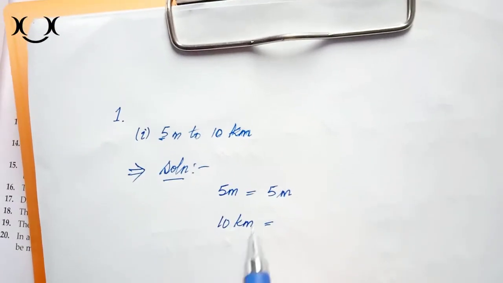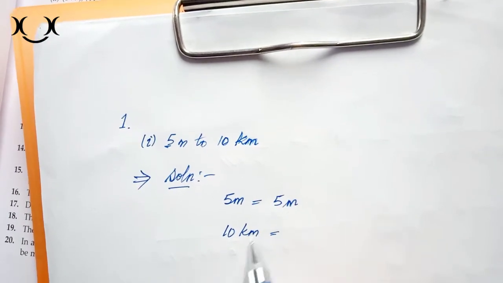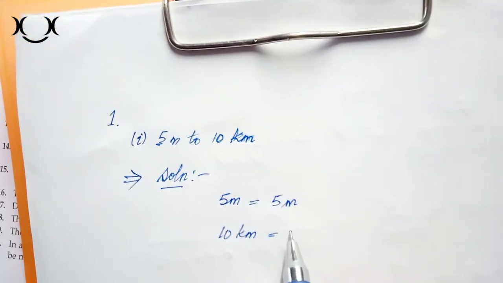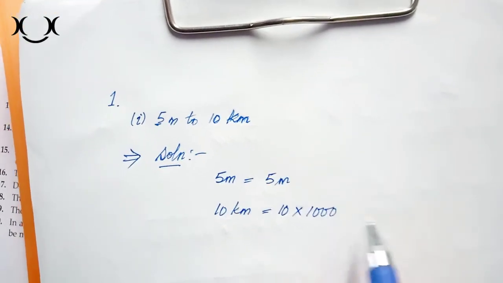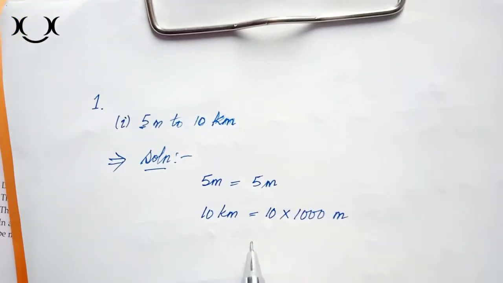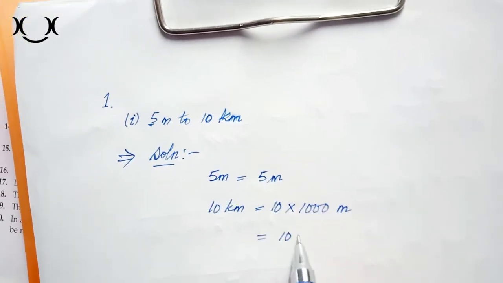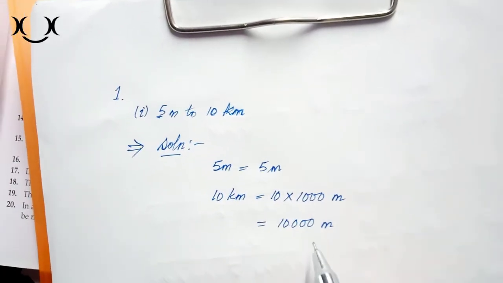To convert kilometer into meter, 1000 meter is equal to 1 kilometer. So 10 kilometer is 10 into 1000, which changes to meter. So I have 10,000 meter. 5 meter and 10,000 meter.